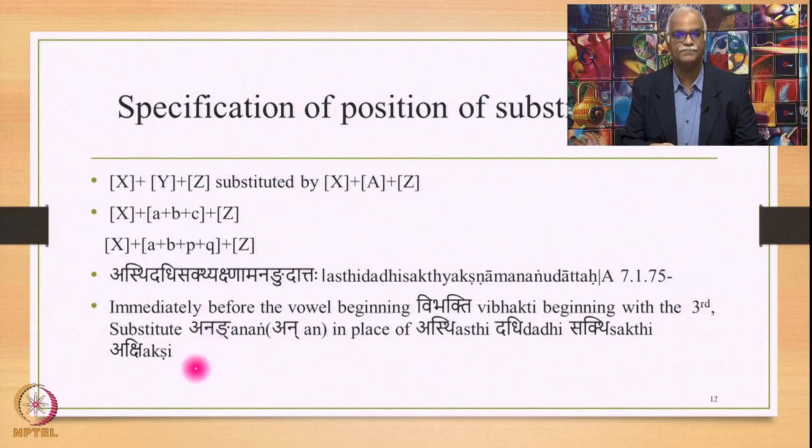The actual substitute stated here is an, a and n, two sounds with the marker ng, and the a in between is for the sake of pronunciation. That is not to be counted here. There is no explicit rule stated in the grammar of Pāṇini to this effect, but the later Pāṇinian grammatical tradition does specify this fact.